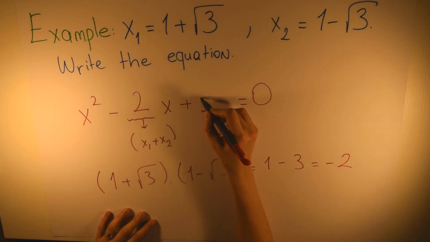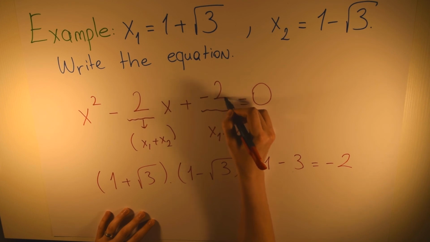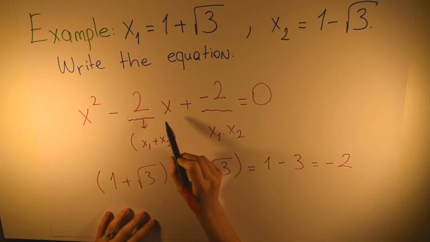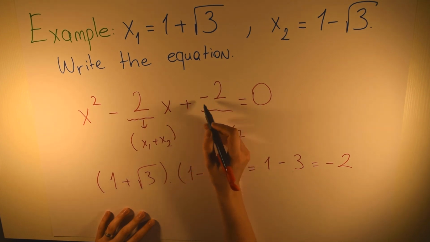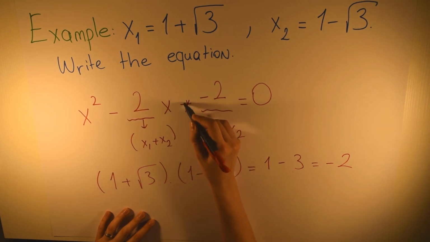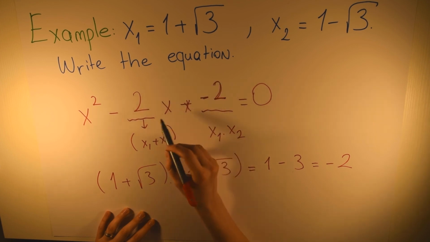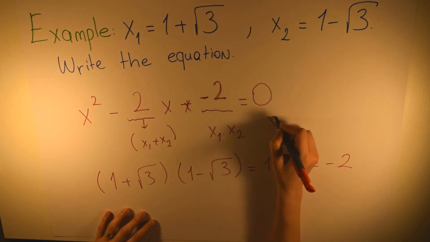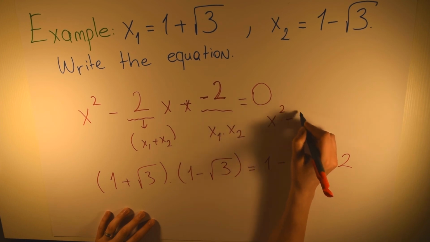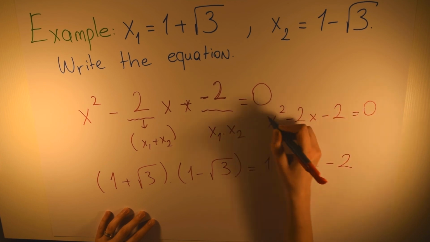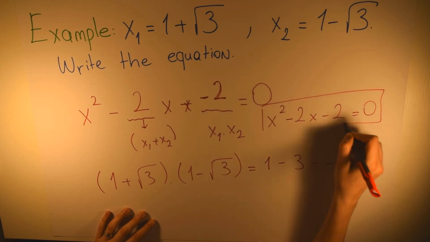So here this will be minus 2, and our equation will be x squared minus 2x minus, this plus will go away because we found this as minus 2, and let me write it here one more time. It's x squared minus 2x minus 2, which is equal to 0. So this is our equation.